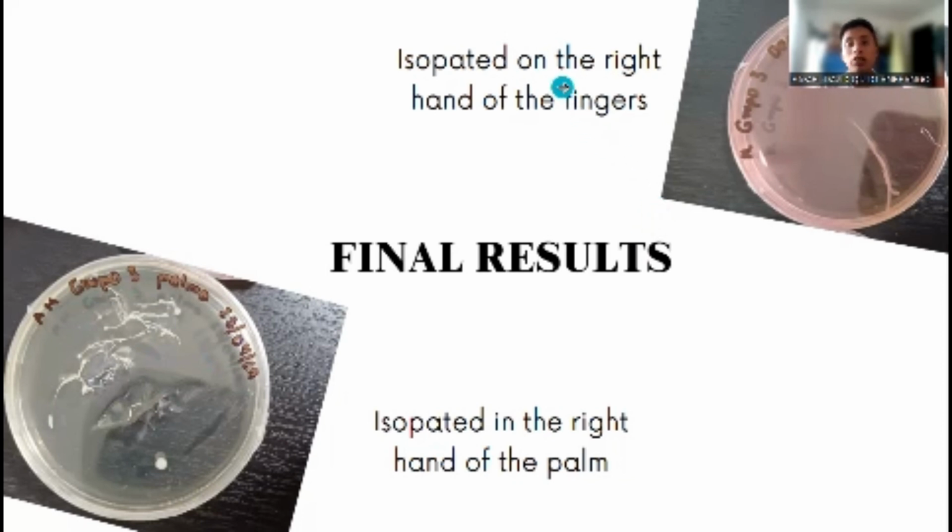The samples of the hisopation carried out on the right hand, especially on the fingers, in the Petri dish with red agar showed small colonies. You can see in this picture small colonies that are so impossible to identify what is the UFC.